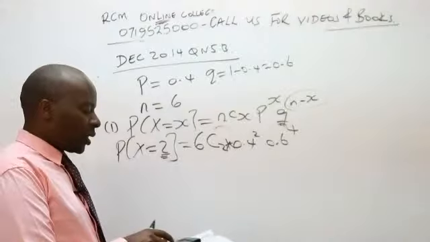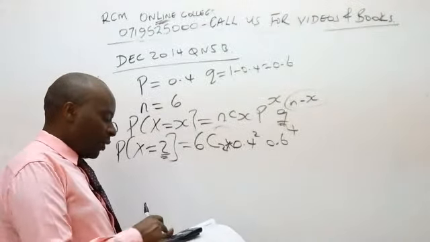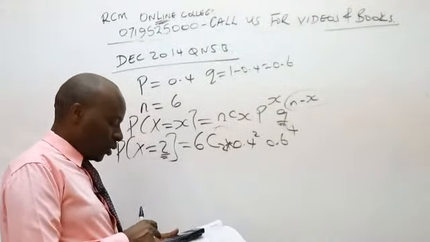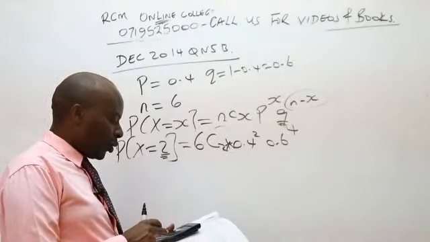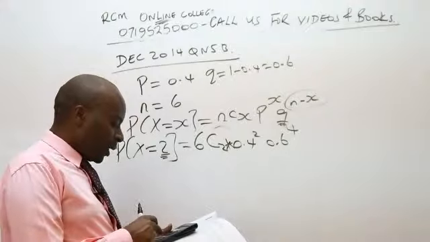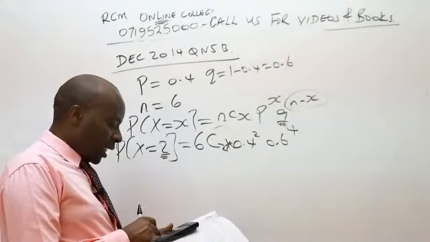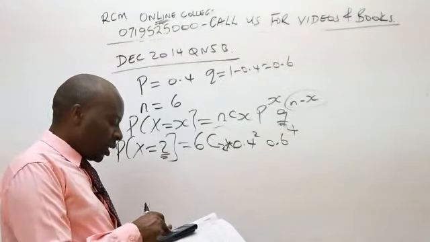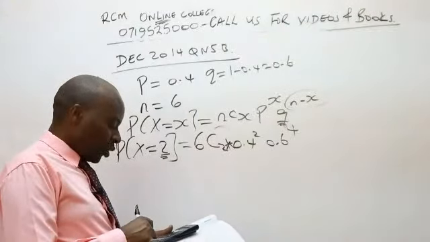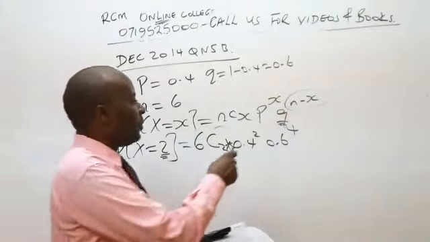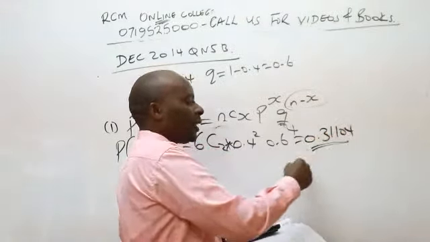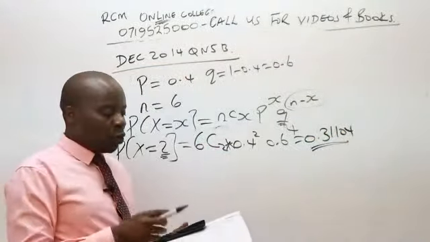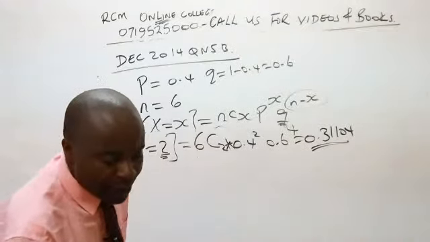So we have 6 combinations 2 times 0.4 raised to power 2 times 0.6 raised to power 4. At the end of the day this gives me 0.31104. That is the answer. So Roman 2, we are done with it.